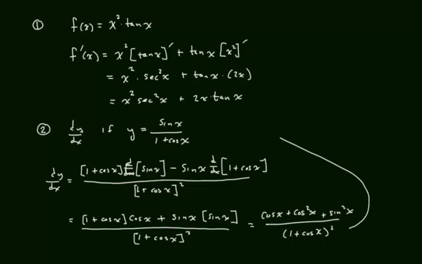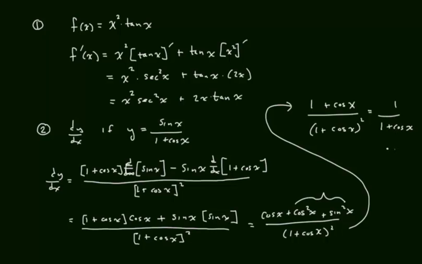Now I'm going to come over here with it, and because this equals 1, we have 1 plus cosine of x over 1 plus cosine of x squared, which gives us our final answer, 1 over 1 plus cosine x. Yay. Final answer. Pardon me. Final question.